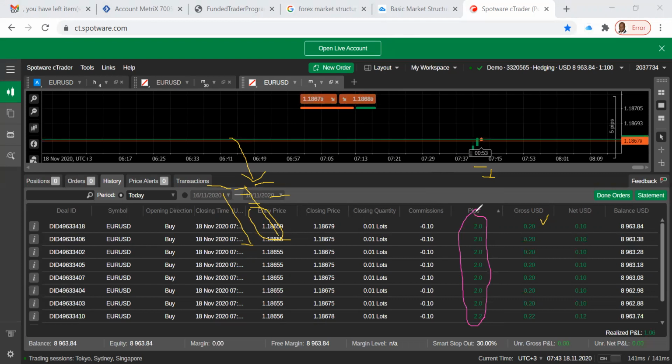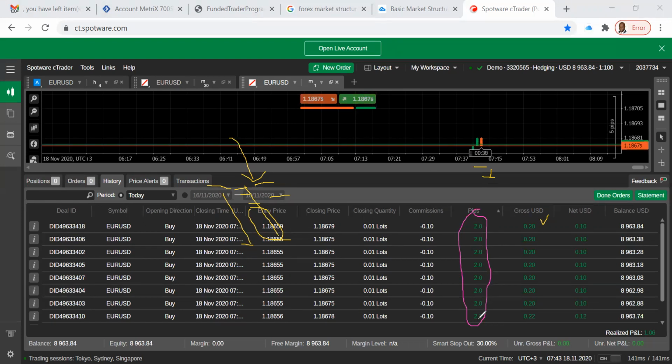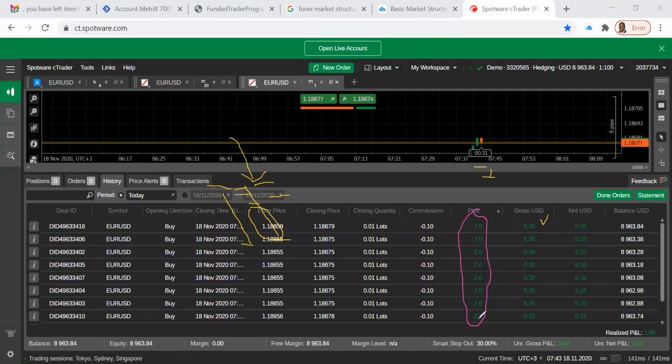So 2 pip, 2 pip, 2 pip, 2 pip, 2 pip, except for this last one that has spread out. So when I say in your homework, take trades 2 pips, this is what I expect to see. If I say 3 pips, this is what I expect to see. If I say 5 pips, that's what I expect to see. So I hope that matter is now settled.